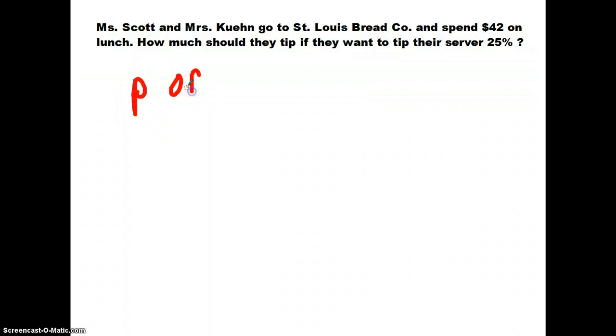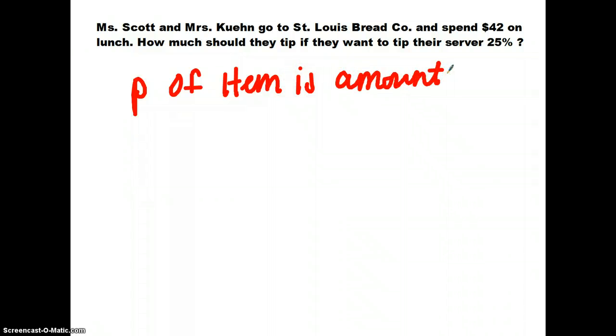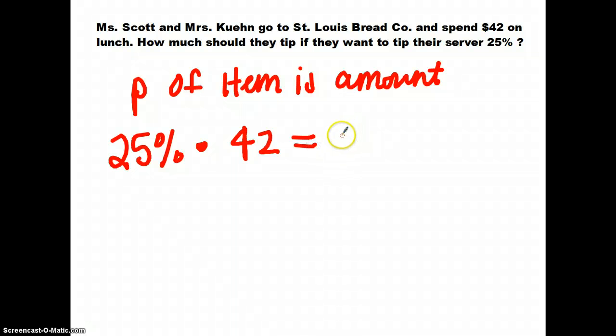So again, we have P of item is amount. My percent is 25%. My of is multiplication. My item is my bill. Is equal, and this time it's the amount of tip.